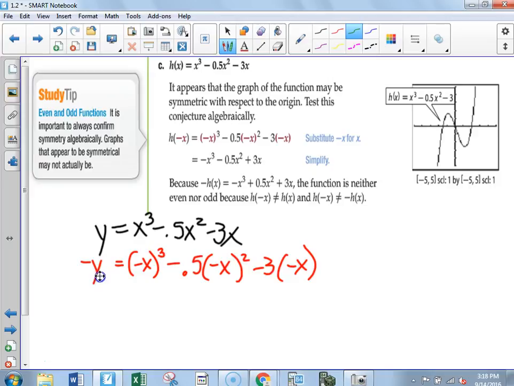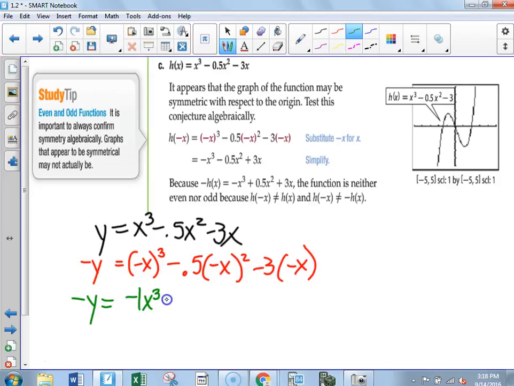So this is a -1y equals a -1x all to the third. What is a -1 cubed? So this is still -1 and the x is cubed. Be careful. What do you do first here when it has -1x quantity squared? You square it, which makes it positive x squared.